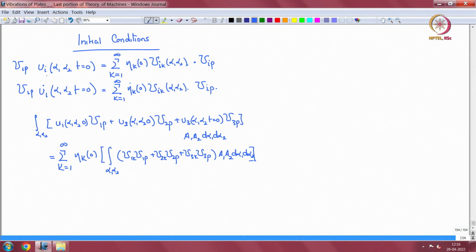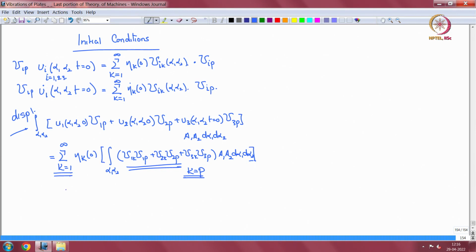I expanded I equal to 1, 2, 3 and summed them up, that is this for displacements. I can do the same for velocity. Now this is the orthogonality condition, it is 0 unless k is equal to p, then only one of them gets picked over here.